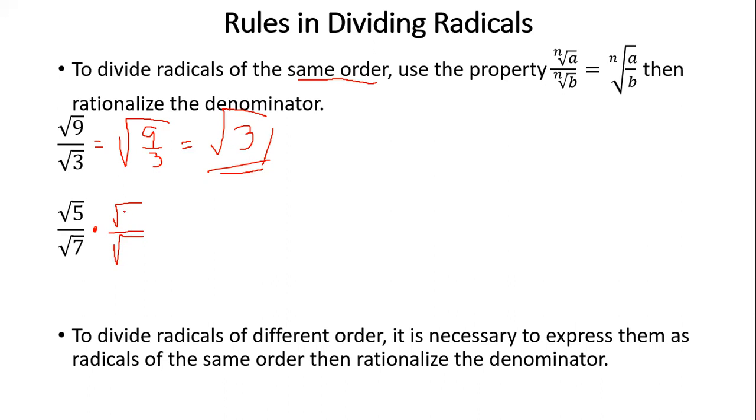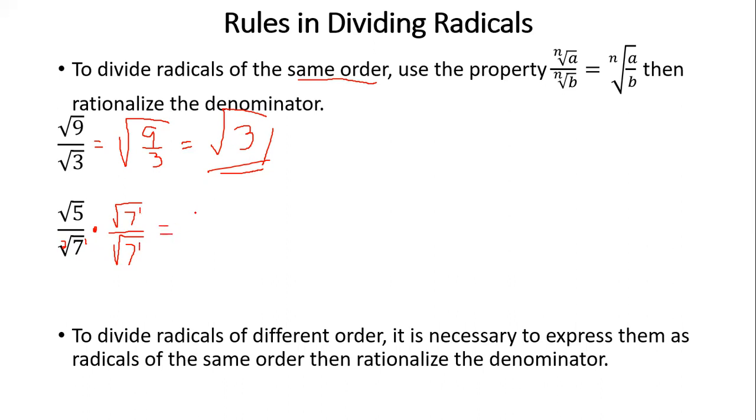And in order to do that, kailangan po nating i-match yung index doon sa ating exponent. The index here is 2, but the exponent is 1. So ilan pa ang kulang ng 7 raised to 1 para maging 7 squared? Obviously, 7 raised to 1 din po.